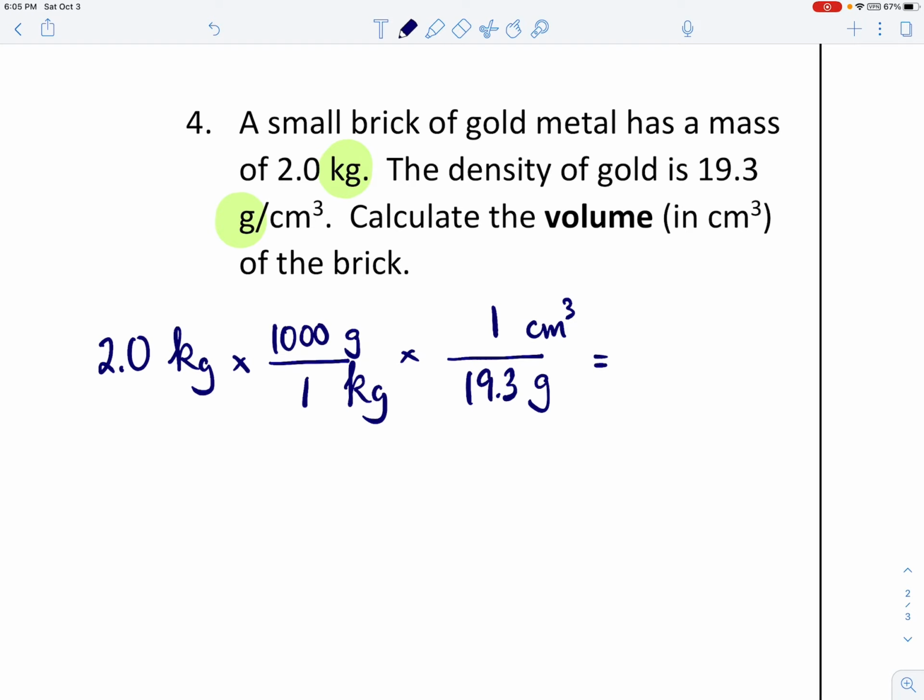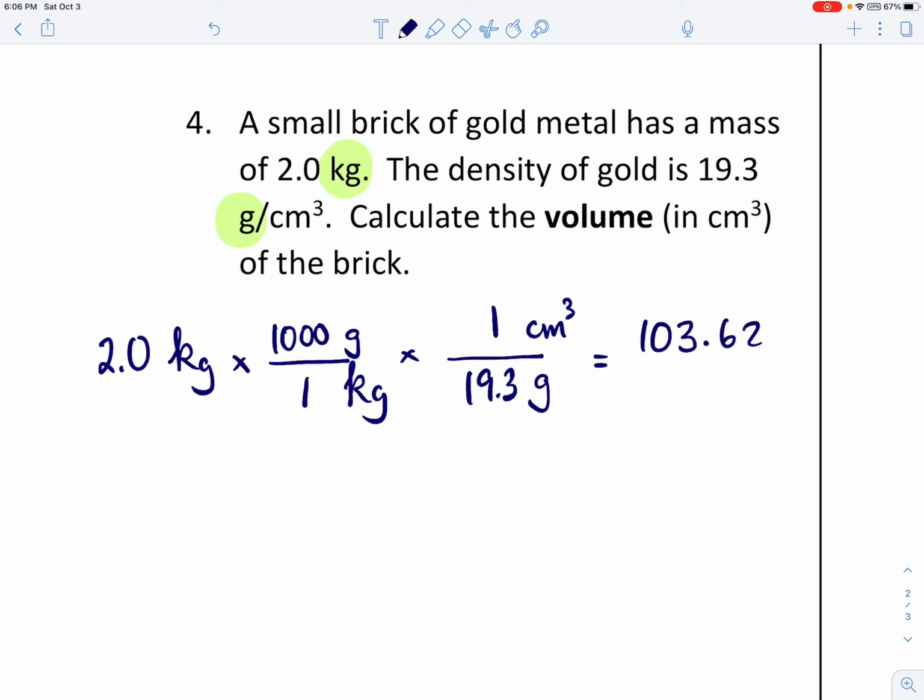Okay, how many significant digits can we keep? Well, 2.0 has 2 significant digits, and the density has 3 significant digits. The 1,000 again is a perfect number, so we can ignore that. So we're going to keep just 2 digits. So 2 times 1,000 divided by 19.3, and keeping only 2 digits, we have a bit of a problem.